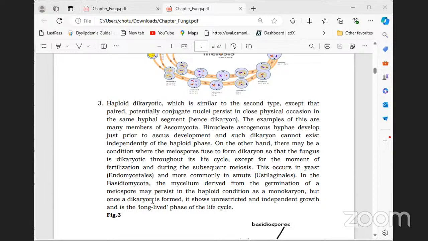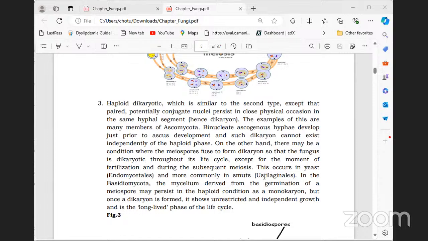So what is smut here? Fungi causing many types of diseases, smut and rust diseases. You can observe smut in the order Ustilaginales. I will explain this later. Where smut diseases are present, that is all the order Ustilaginales.